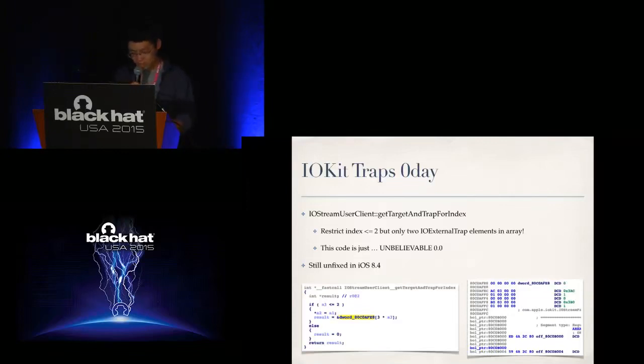But if we take a look at the variable it returned, there are actually only two elements in this array. That means index 0 and index 1. But if you set the index equal to 2, there's an out-of-bounds memory access bug here.